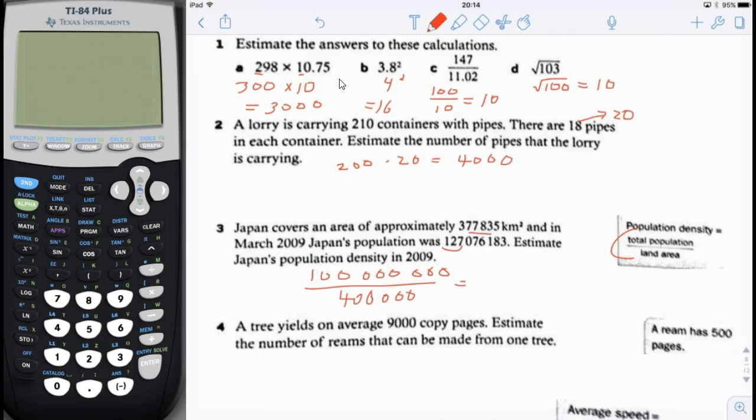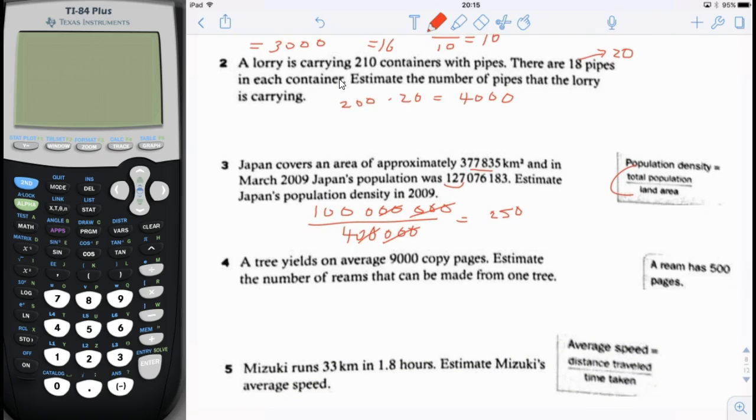So 100 million divided by 400,000, we can cancel out some zeros here. We're left with 1,000 divided by 4, which I can do in my head. 1,000 divided by 4 is 250. So 250 people per square kilometer. Okay, 200 people per square kilometer.